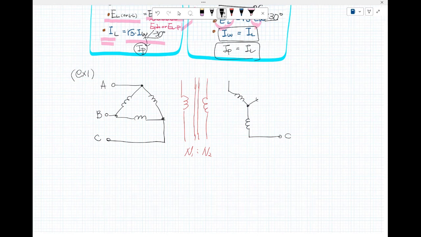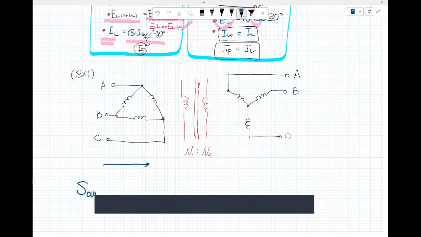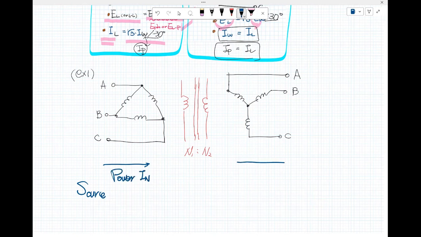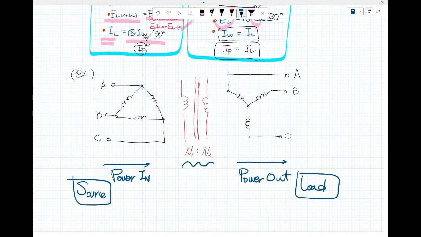C, B, A. It's the Y connection. Usually this is the source, so the power in and the power out. That part is the load part. This is the source part. This is the transformer.